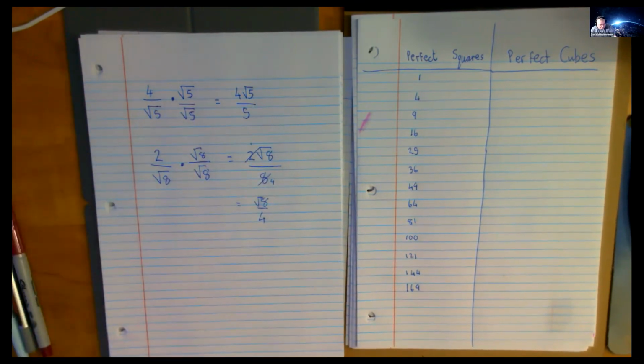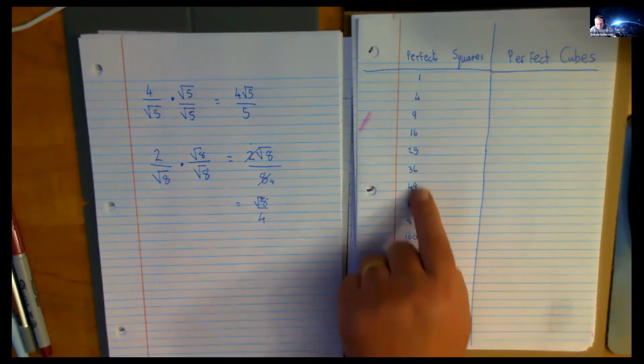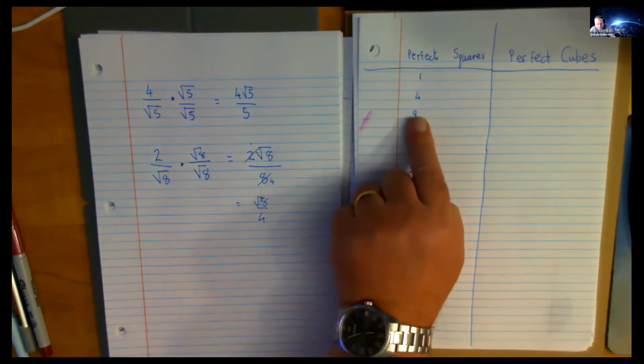4. And sometimes that's me finished. You know, if that was the square root of 7 on the top, I'd be finished right now, right? But not always. Can you simplify the square root of 8? Four times 2. Square root of 8 is square root of 4 times 2.